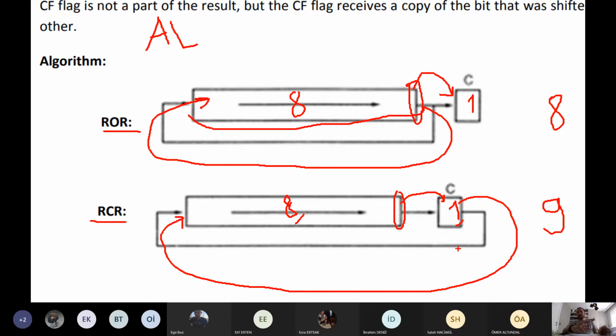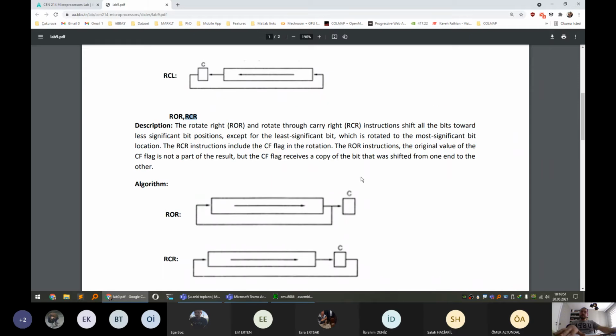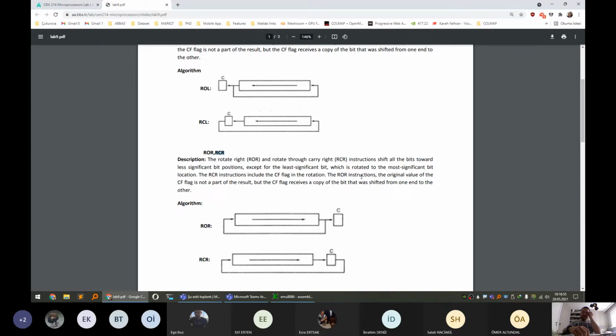This is the difference between rotate right and rotate through carry right. I think you understand the difference in rotate. Please be careful with shifts. Shift is only shifting left or right. Do not rotate within self.